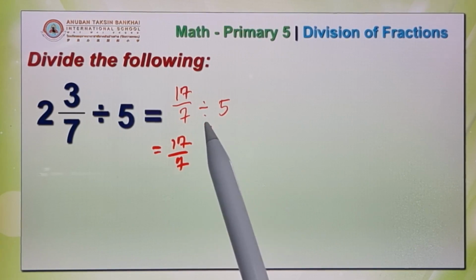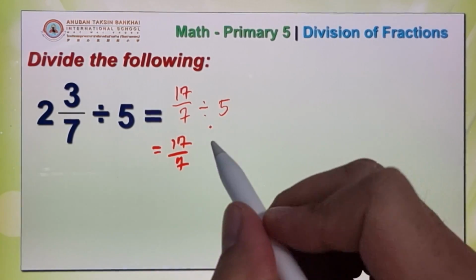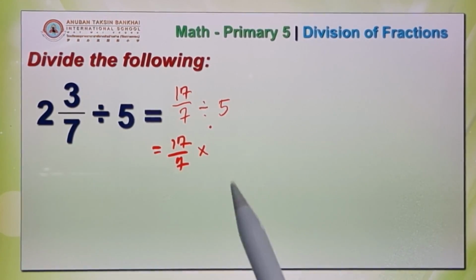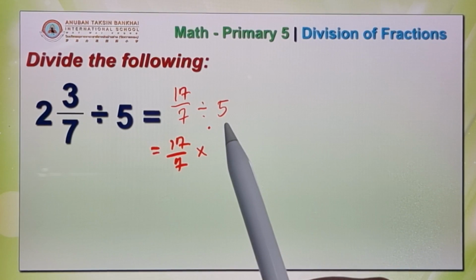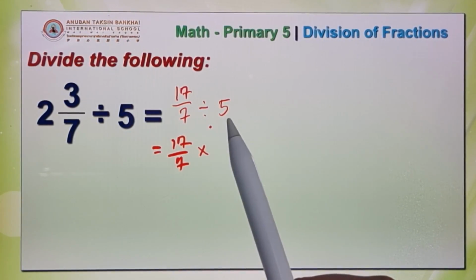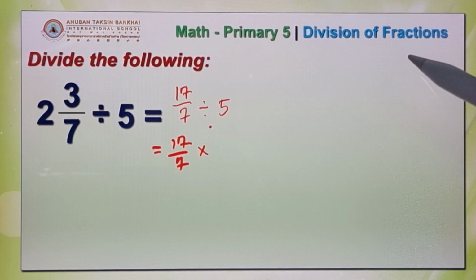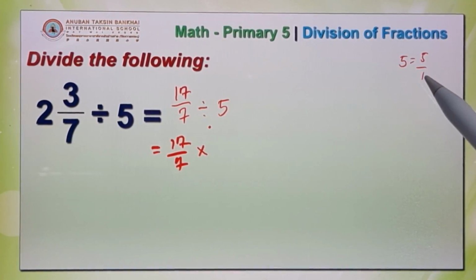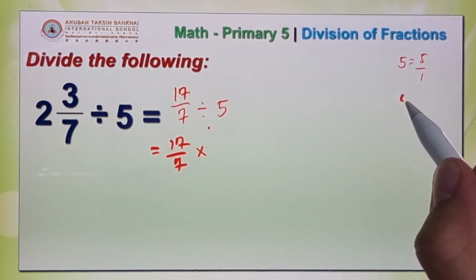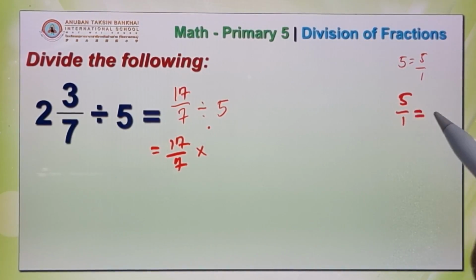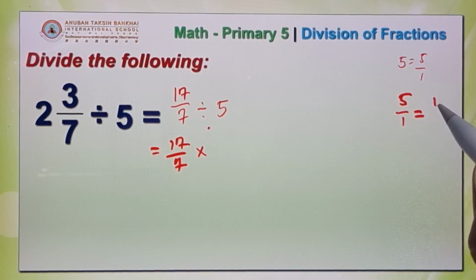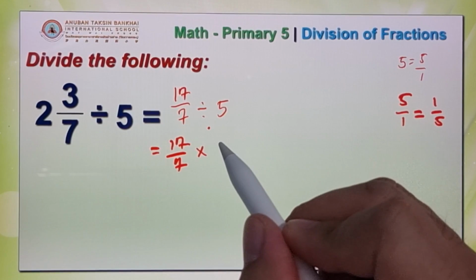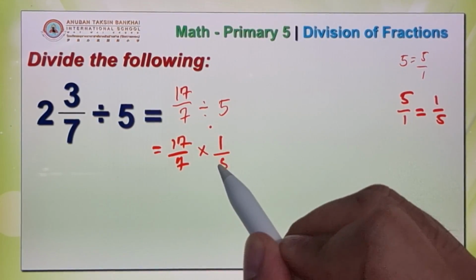Next, we are going to change this one. Change division to multiplication. And invert. We need to get the reciprocal of 5. Take note, 5 is just the same as 5 over 1. Okay, so if we have 5 over 1, the reciprocal of that is 1 over 5. So we are going to multiply it by 1 over 5.